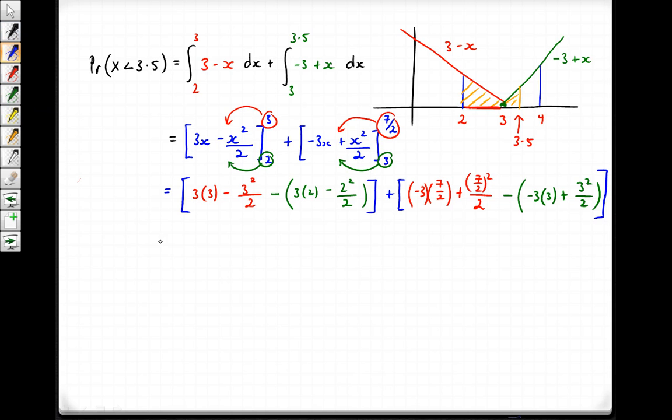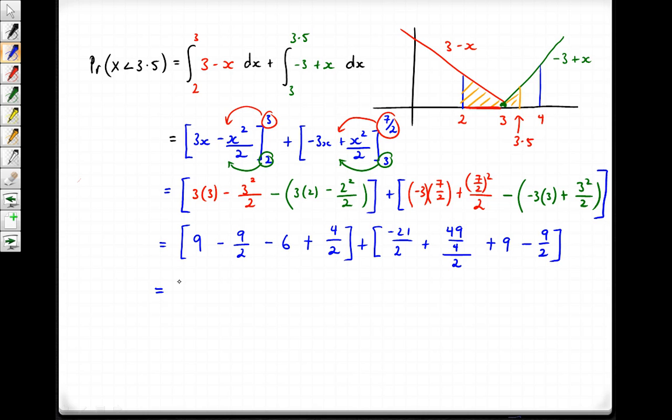So still in blue, we're going to have 9 minus 9 on 2 minus 6 plus 4 on 2. And we're going to add on to that minus 21 on 2. Oops, that's a terrible 2. Minus 21 on 2 plus, what's that, 49 on 4 divided by 2 minus, so minus 9 is plus 9, and minus 3 squared is 9 on 2, minus 9 on 2.